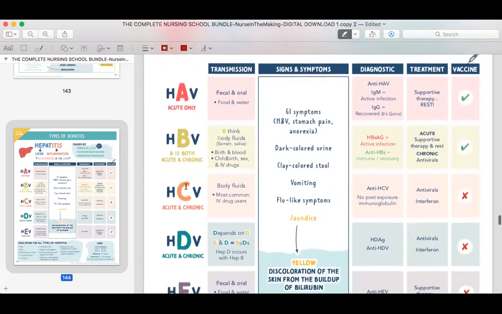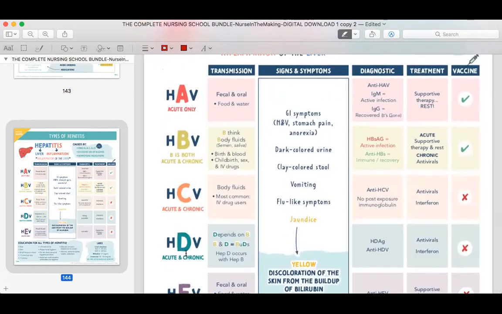Make sure you know A, B, C, D, E. And the way I remember it is B, C, and D, they're alike. These are the same: blood and bodily fluids. B and D are the same, C and D are the same.